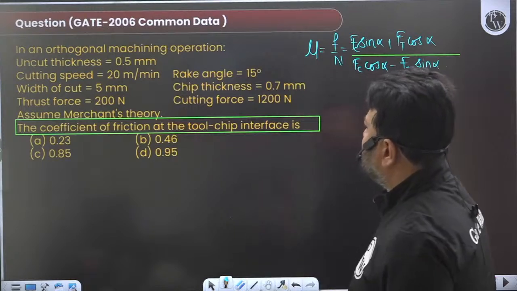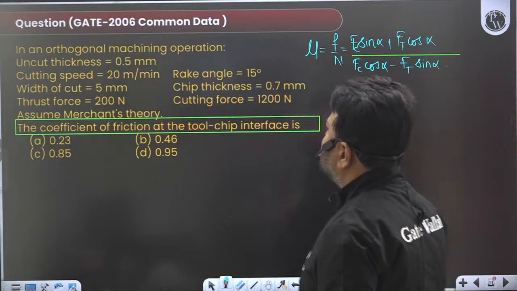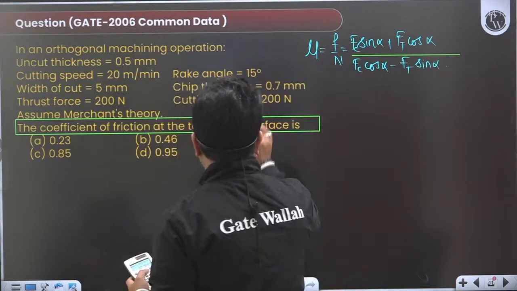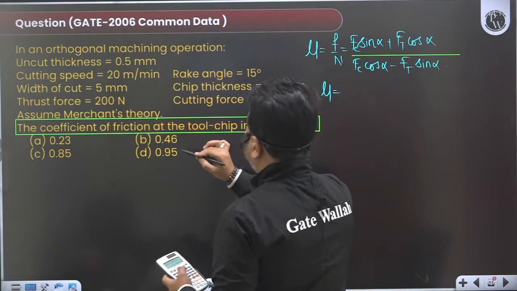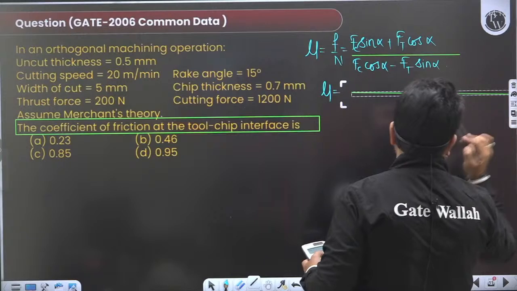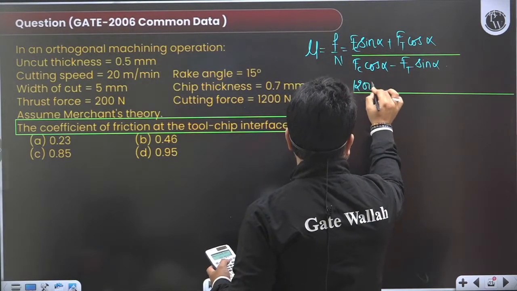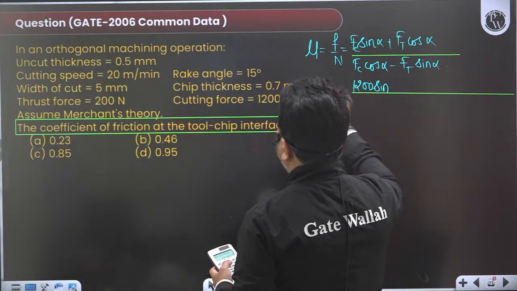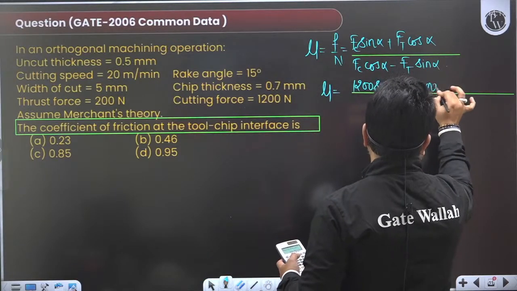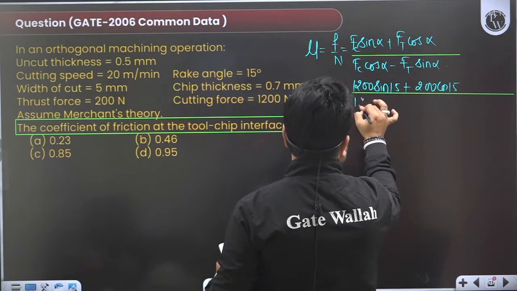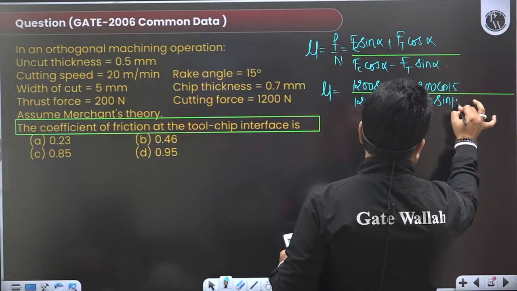Here alpha is given, and cutting force and thrust force are given. Fc is cutting force 1200, sin alpha, alpha is 15, plus Ft, that is 200 cos of 15, divided by 1200 cos of 15 minus 200 sin of 15.